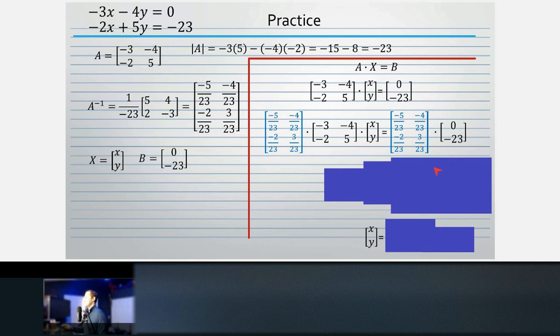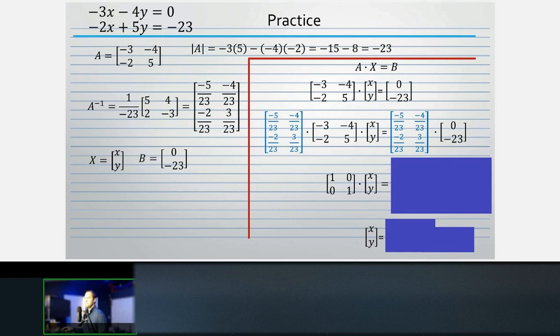Naomi says you can go right to the answer because a matrix multiplied by its inverse will always be the identity matrix, and she is correct. So the inverse of A times A will always be the identity matrix.